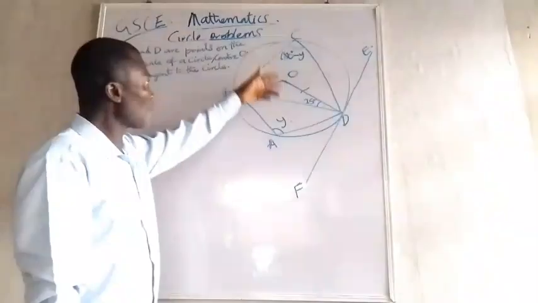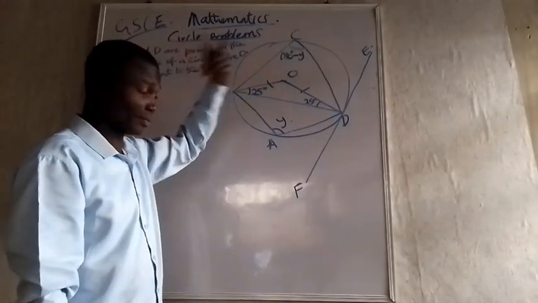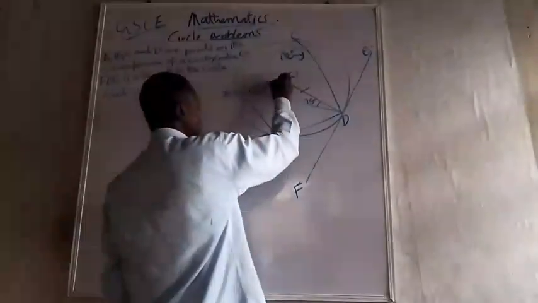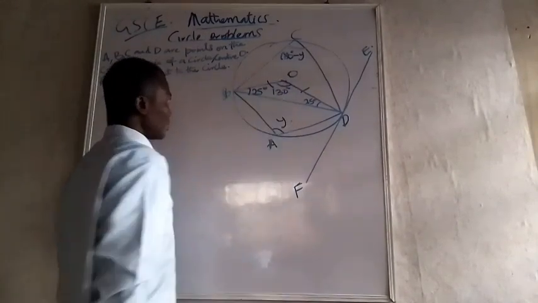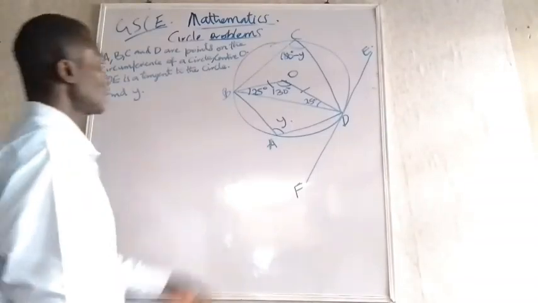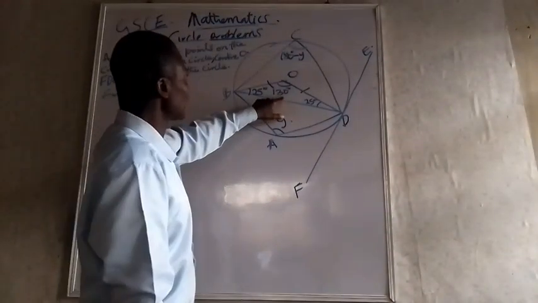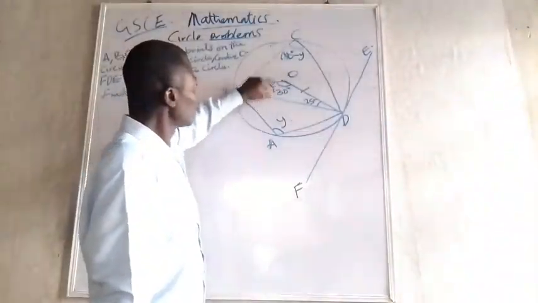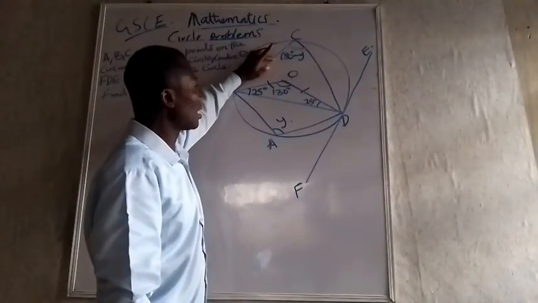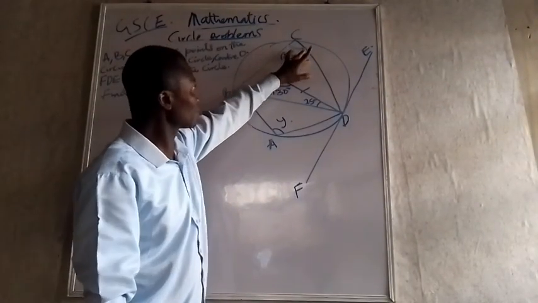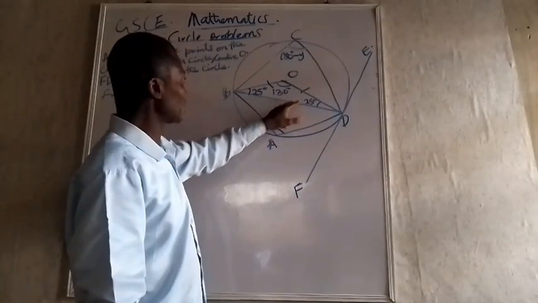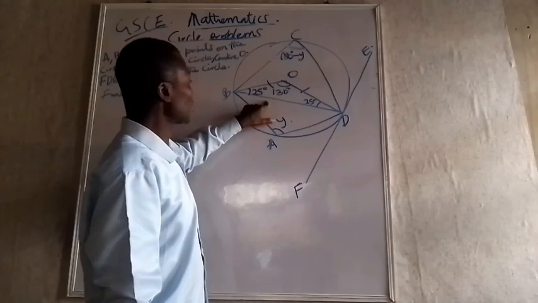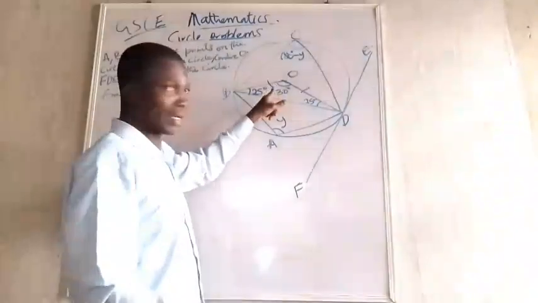So if you give this place to be 180 minus 50 degrees, this place will be 130 degrees. 25, 25, 130 degrees. And one thing is sure, this 130 degrees is going to be double of this place. So, how did we get this 130 degrees? We subtracted 25 twice from 180 degrees.